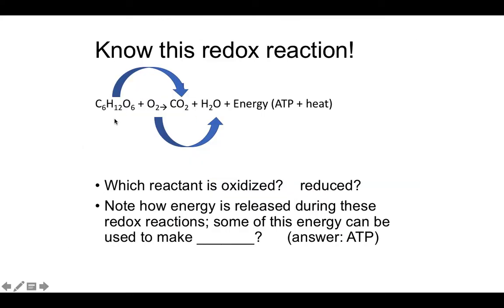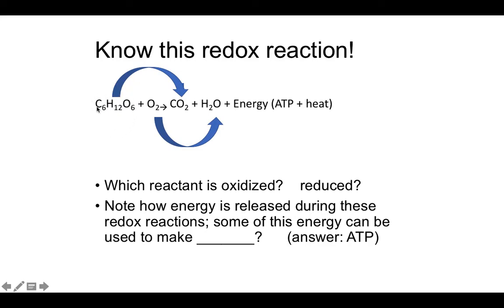So you'll recall, you guys, we said this is an important redox reaction to remember. Reduction is when a molecule gains electrons, and oxidation is when a molecule loses electrons. So remember, this is that little summary formula for the complete oxidation of glucose by aerobic respiration. These are the reactants.